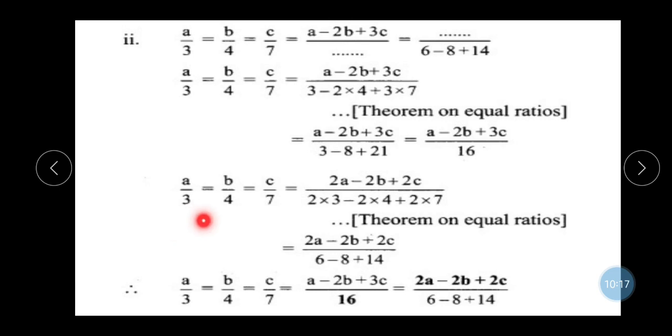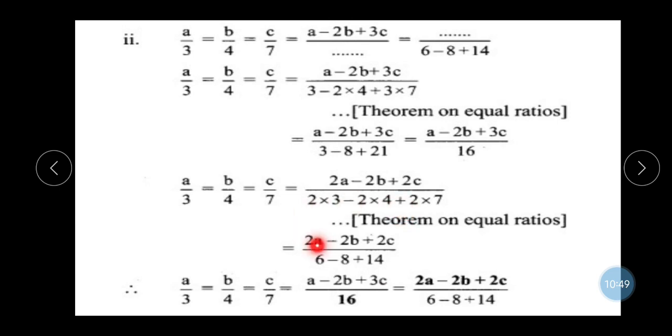A upon 3 is equal to B upon 4 is equal to C upon 7. Substituting the values, 2A minus 2B plus 2C. We get 2 into 3 minus 2 into 4 plus 2 into 7 by using the theorem on equal ratios. So for 2A minus 2B plus 2C, we get 6 minus 8 plus 14.